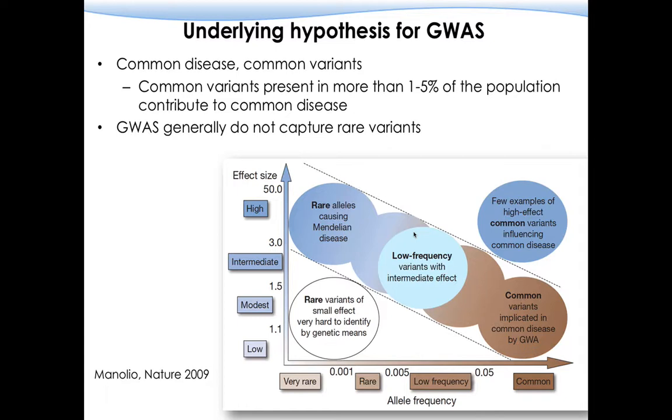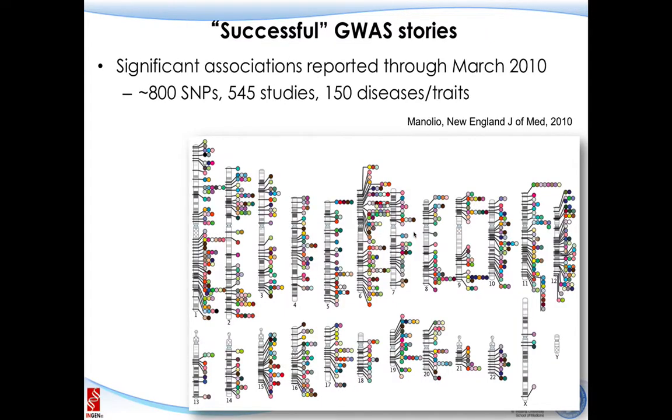So only common variants are on the SNP arrays, and that's why we are stuck in this region. With next-generation sequencing technology, if we design the study properly, we will be able to identify the whole spectrum. That is the central point of this particular figure.